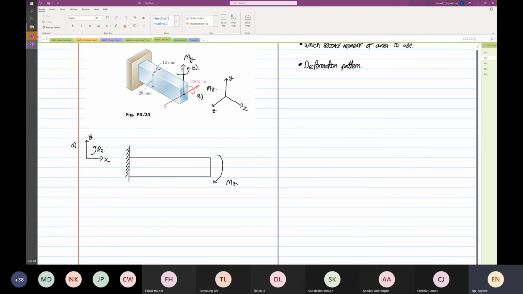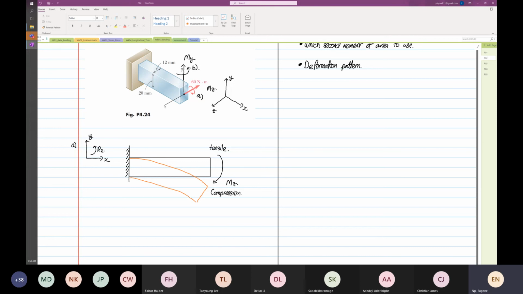Like what I taught you before, once you know that is the moment, the head of the arrow is under what? Compression. The tail end is under what? Tensile. So if we were to draw the deformation pattern, it will look like this.